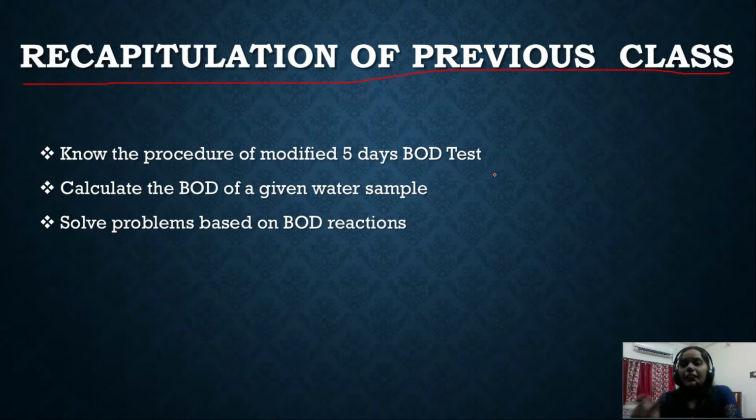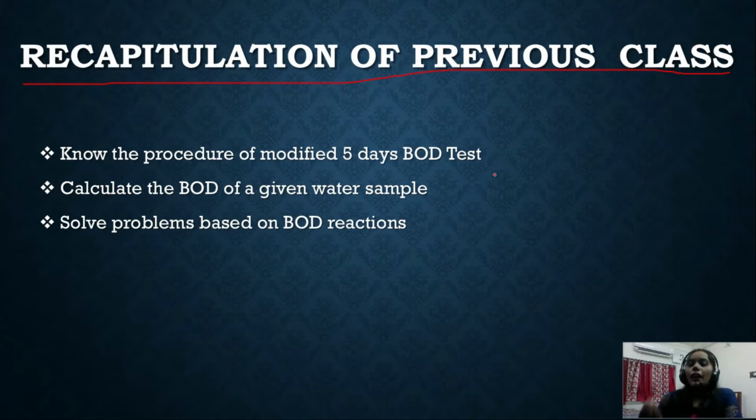In chemical parameters, we have one important parameter, that is the BOD of the water sample. We discussed in our previous classes how we can determine the BOD of a wastewater sample, how to solve problems based on the 5-day BOD test, and what the procedures of the 5-day BOD test are.